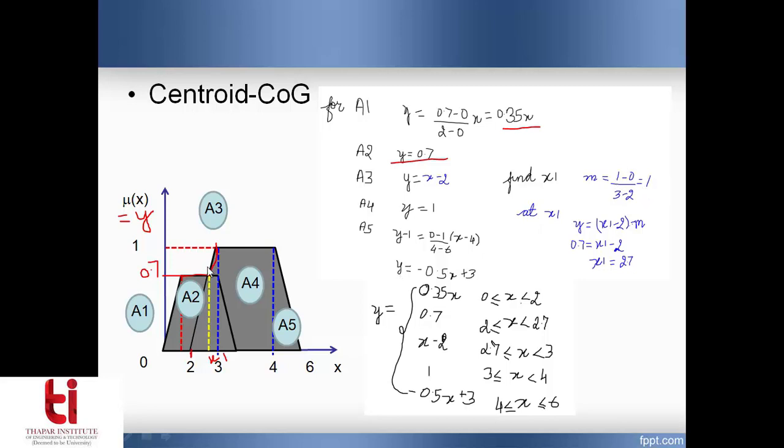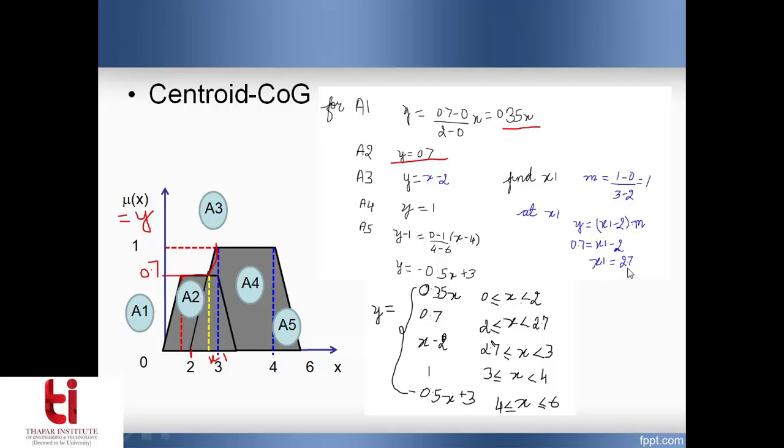Once the slope is there, I know that between this region the relationship between the values of y and x is given by the slope 1. So at this point x1, what is the value of y? I need to find out. y is 0.7, which I have. x is x1, and I can say x1 minus 2 equals 0.7.